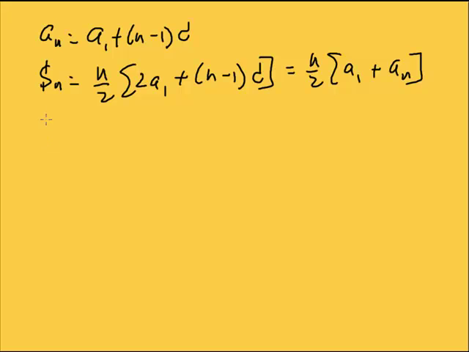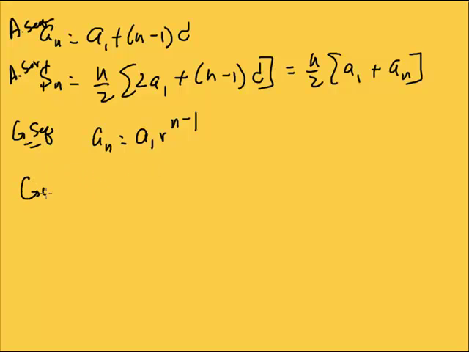This is the arithmetic sequence, and this is the arithmetic series. This is a geometric sequence: a sub n is equal to a sub 1 r to the n minus 1. And then geometric series.